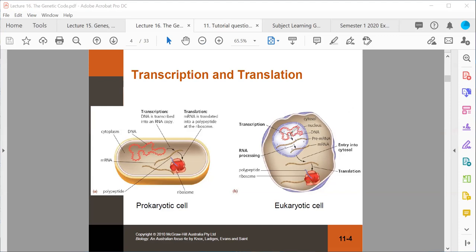It looks like it's a circular chromosome, but that would be a linear chromosome, and a little portion of that would be the actual gene that's being expressed. So that gene is used as a template to form a single-stranded molecule of RNA. Here it's called pre-mRNA or pre-messenger RNA. That pre-messenger RNA is modified to form a final functional messenger RNA molecule that's transported out of the nucleus into the cytosol of the cell.